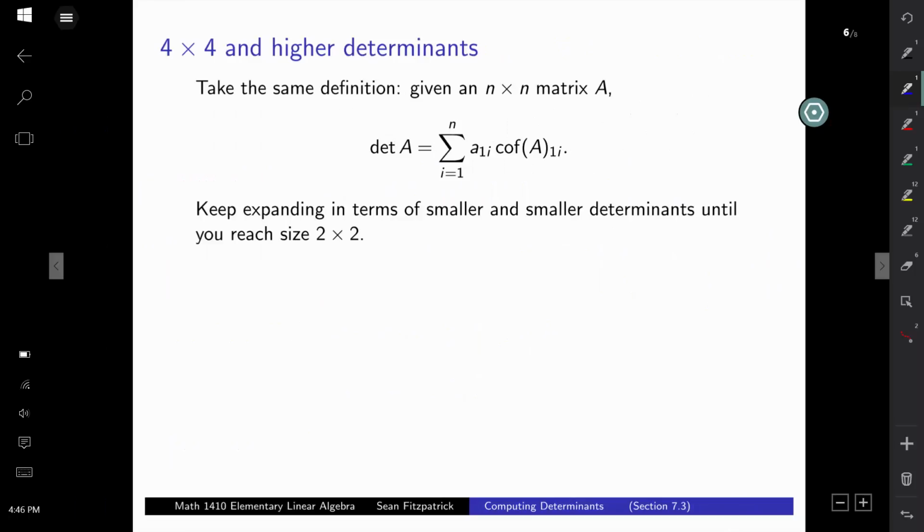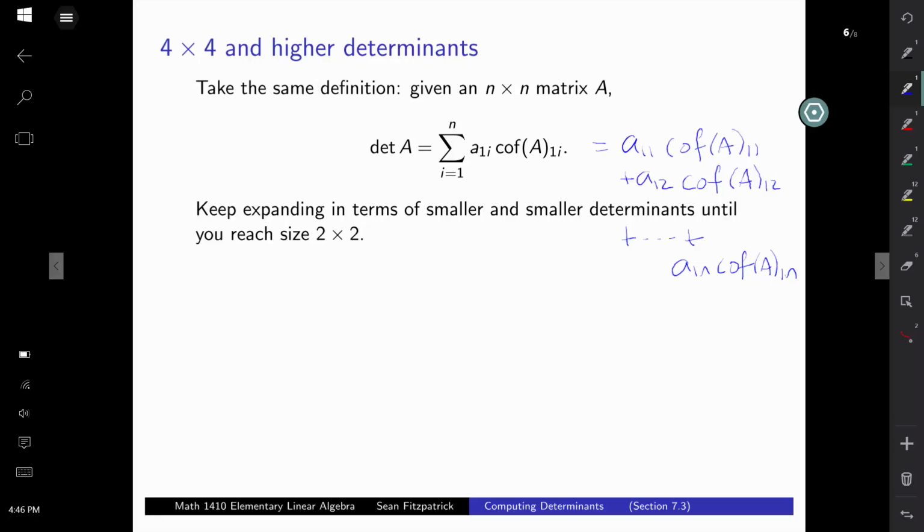Okay. Now, how do we go from here to 4 by 4 and higher? Well, you take the same definition, right? I know I've used summation notation. This is A11 times the 1,1 cofactor, A12 times the 1,2 cofactor, and so on down to A1n times the 1n cofactor.